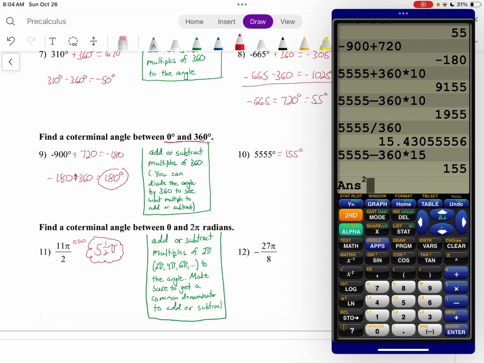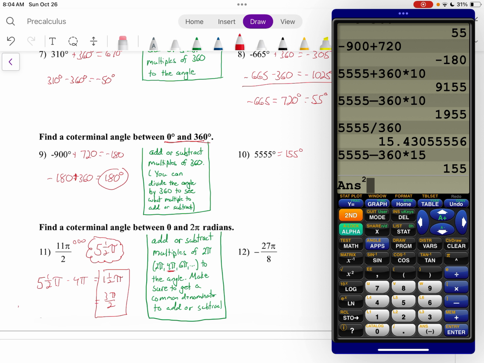So I want to subtract multiples of 2 pi. Well, I would want to subtract 4 pi. So 5.5 pi minus 4 pi is 1.5 pi, which is 3 pi over 2. And that's between 0 and 2 pi. You could leave it in either one of these forms.